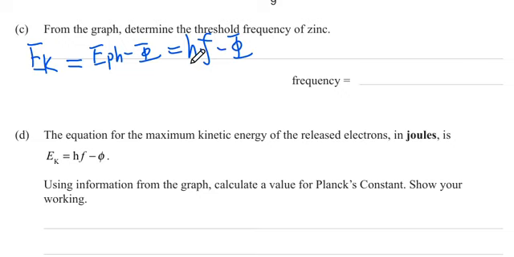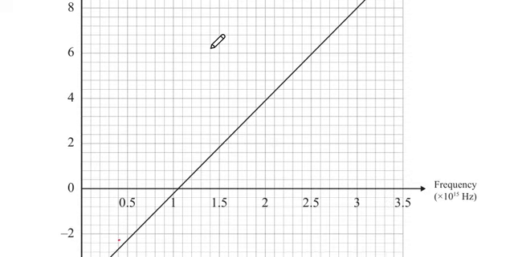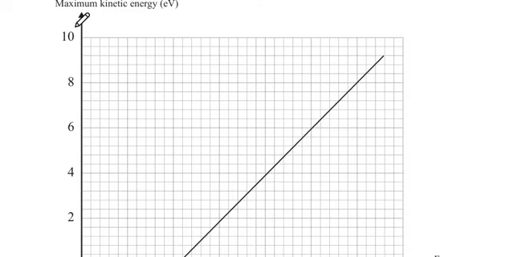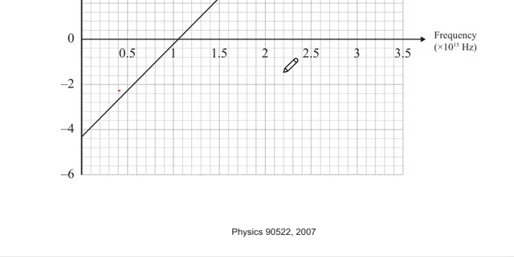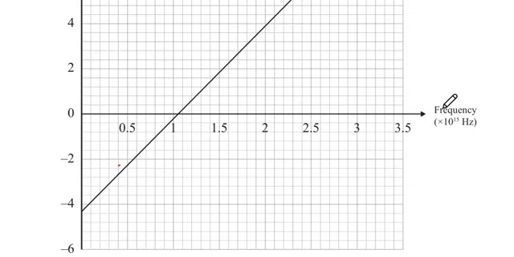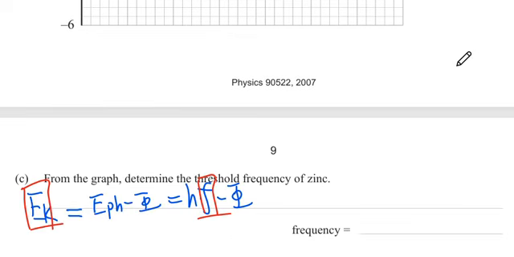Since h is a constant and phi is a constant, this equation is actually about the relation between EK and f. So that's why we have the y-axis as maximum kinetic energy in eV, which is also EK max, and on our x-axis we've got the frequency.